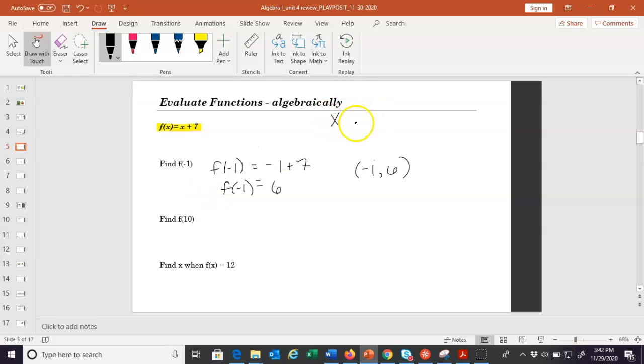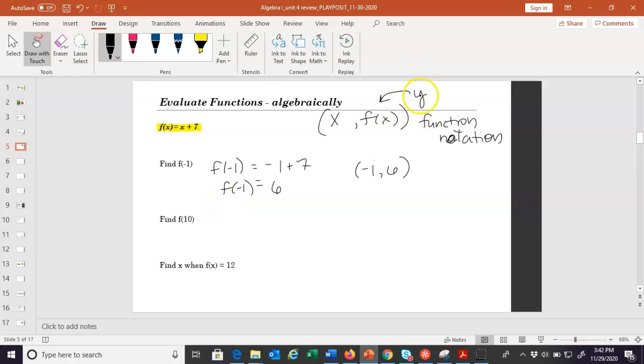So you always have x and you have f of x. Remember, f of x is just our new way of saying y. It's called function notation. And you're just going to see it a lot more as you get into Algebra 1 and Algebra 2, because you can do more things with it, like this. We can do evaluating functions and find outputs given a specific input.